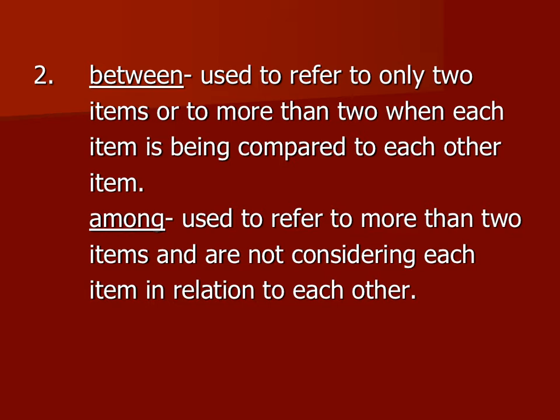Because even though they're three different things, they're being compared to one another. Then you have among. Use this to refer to more than two items that are not being compared to one another, and not in relation to one another. So the food was divided among the 5 puppies. You have more than 2, so that's why you use among there.